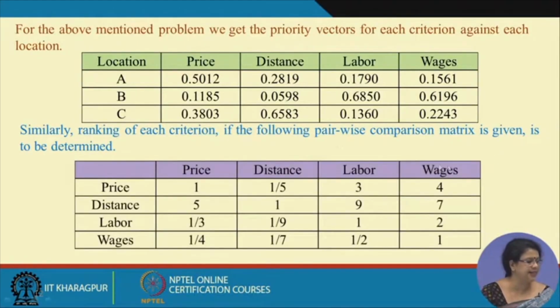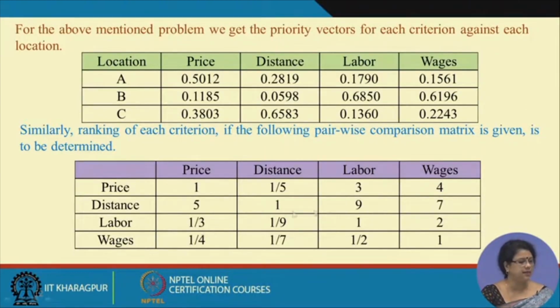Now, for each criteria again we can have the preference structure with respect to price, distance, labor and wages. We can have a different structure here also. I can use a scale from 1 to 9 given by Saaty, and within that we can have the preference structure like that.